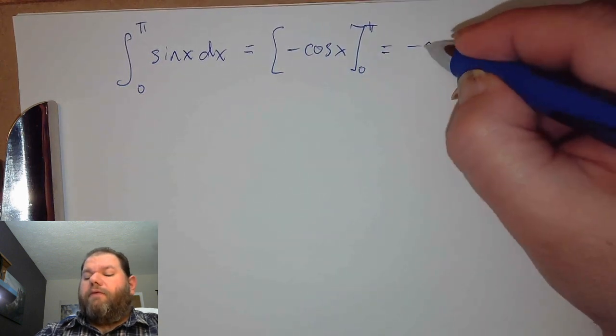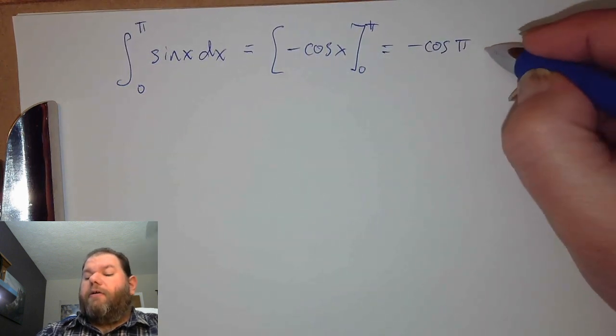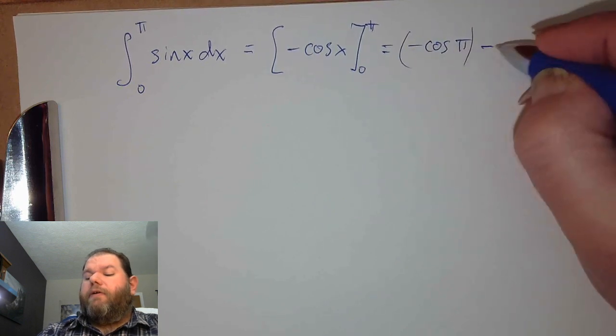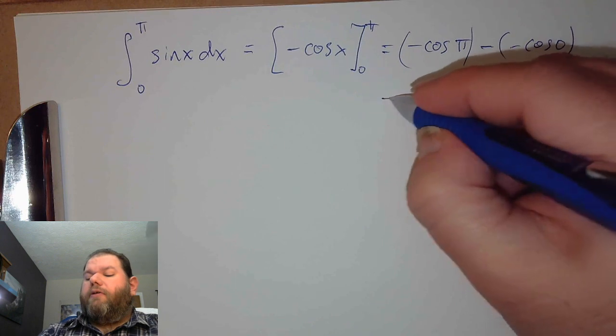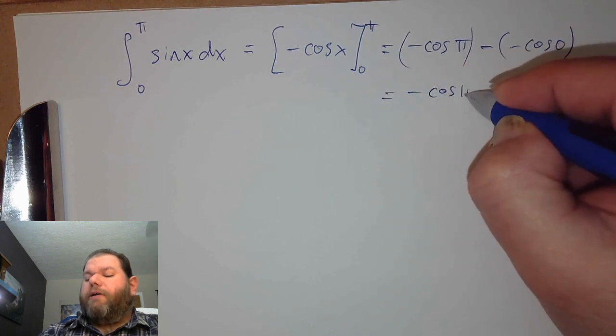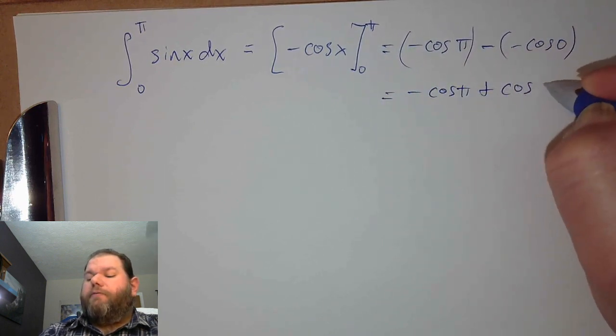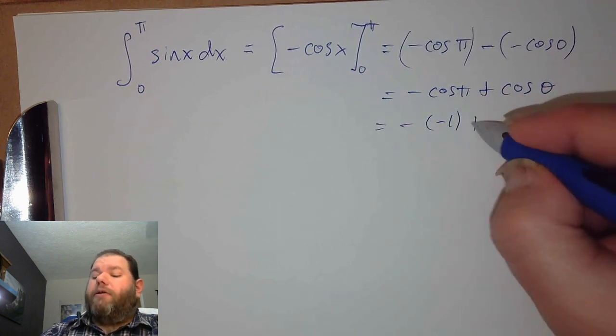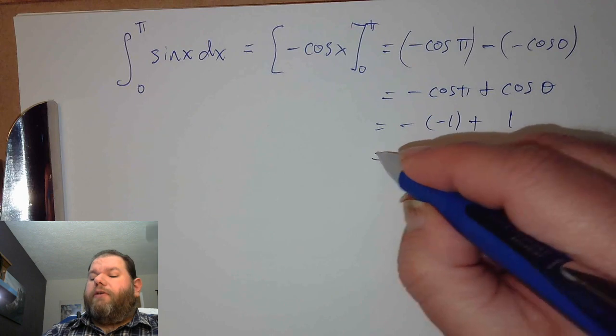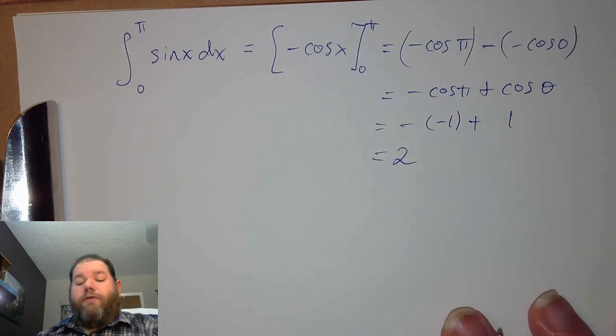And so we get negative cosine of pi minus negative cosine of 0. So it's negative cosine pi plus cosine 0. Cosine of pi is negative 1. Cosine of 0 is 1, and so we end up with a value of 2.